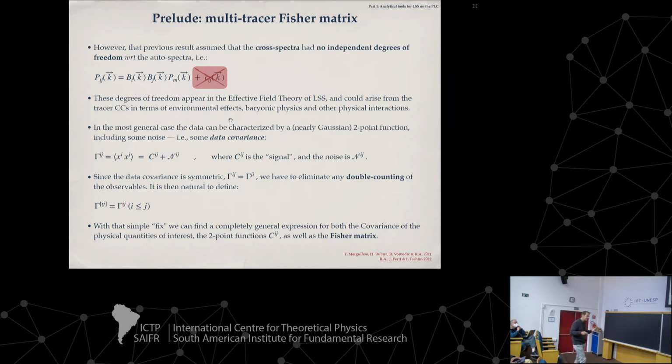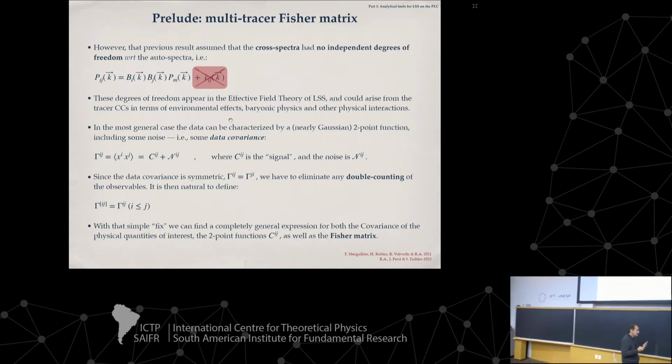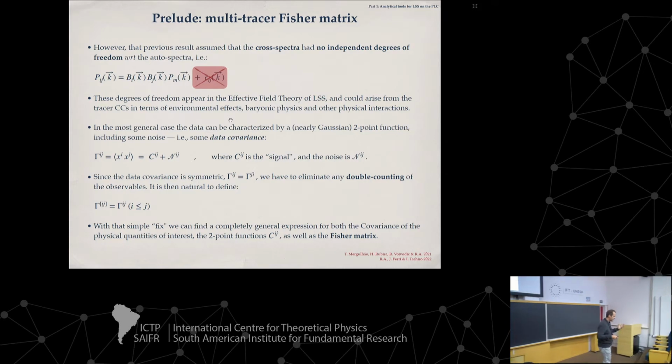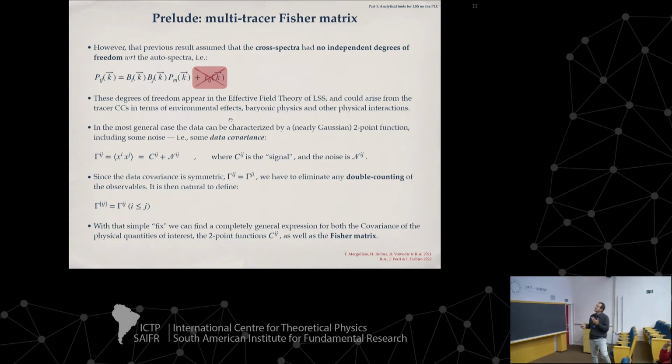At least in the linear regime, you say that bias is what's driving the difference between your power spectrum and your matter power spectrum. And this means that, if you think about it, there are no independent degrees of freedom in the cross-correlations, which is something that people usually assume in one sense or another, but this is often not true.